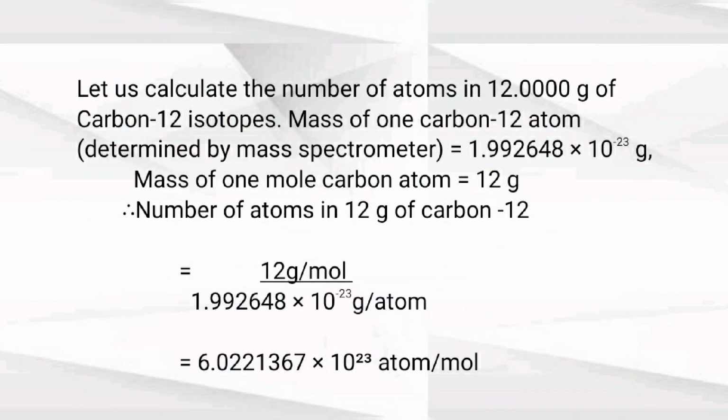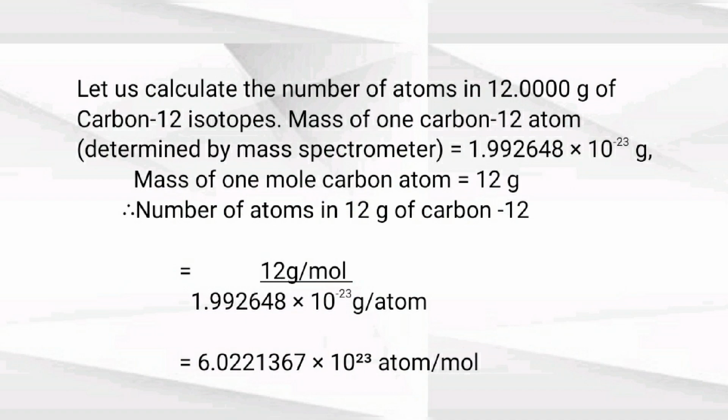Let us calculate the number of atoms in 12 gram of the carbon-12 isotope. Means we are calculating the number of atoms or such small particles present in carbon-12. So the actual mass of one carbon atom, as calculated by mass spectrometer, is 1.992648 into 10 to the power minus 23 gram, and the mass of 1 mole of carbon atoms is 12 gram.